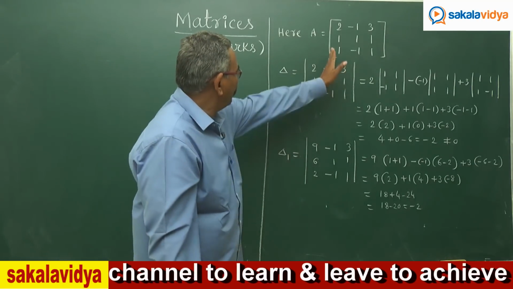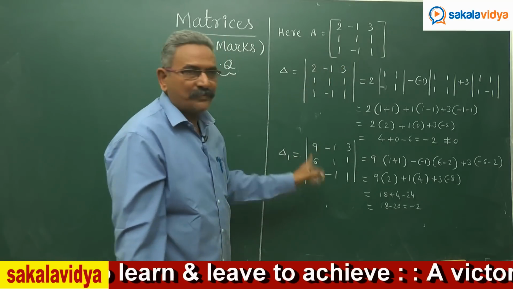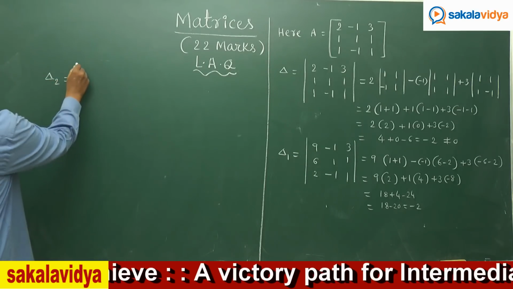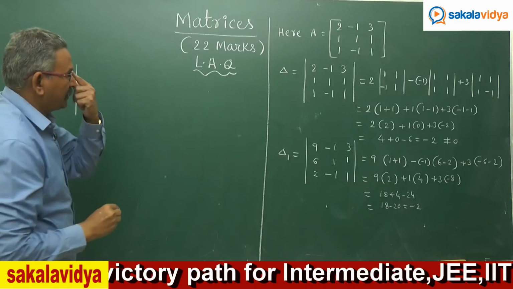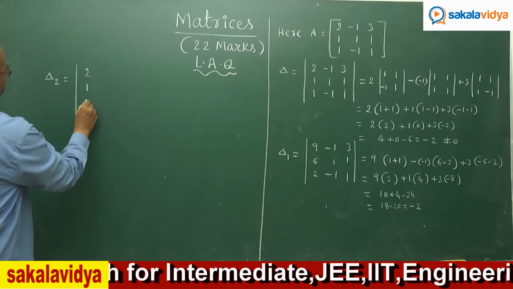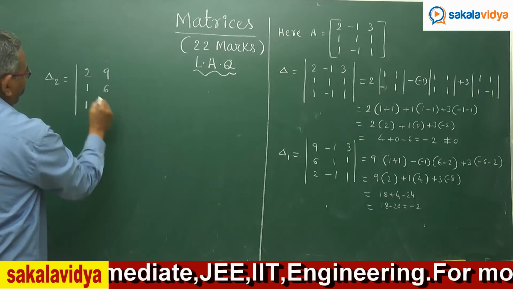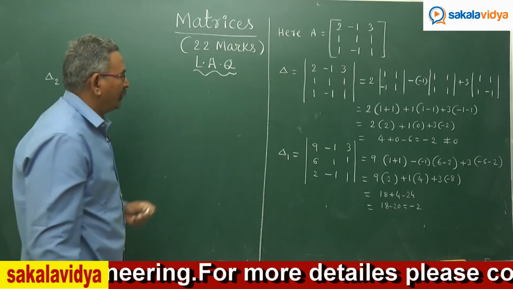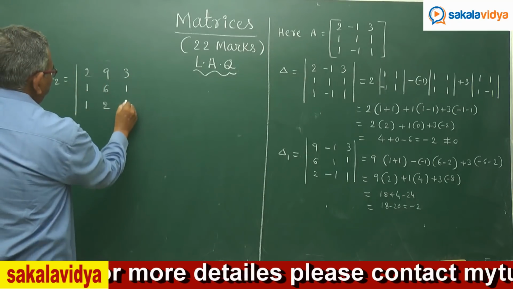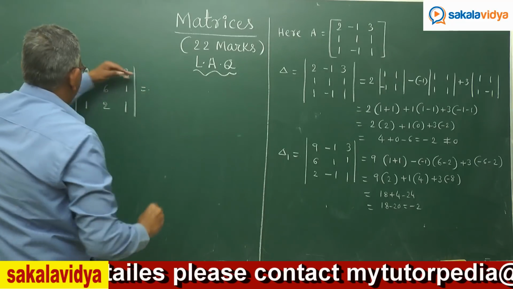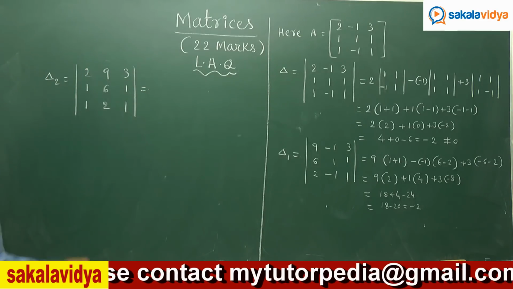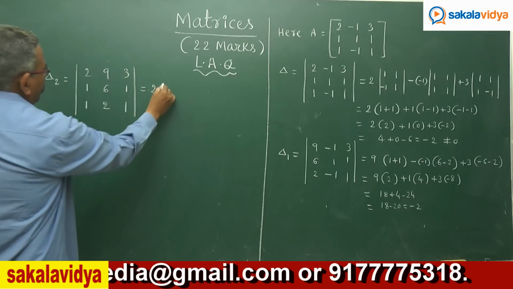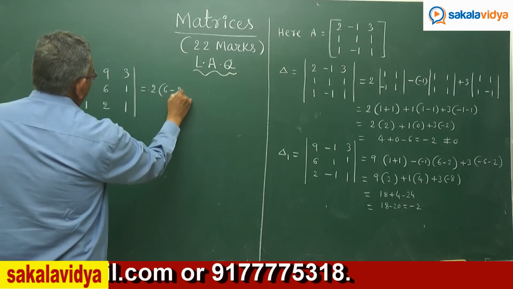In delta, replace the second column by 9, 6, 2. So, delta 2 equals, keeping C1 and C3 constant, 2, 1, 1 and 3, 1, 1, and C2 is replaced by the constant matrix, that is 9, 6, 2. Let it be expanded by the same R1. What do we get now?